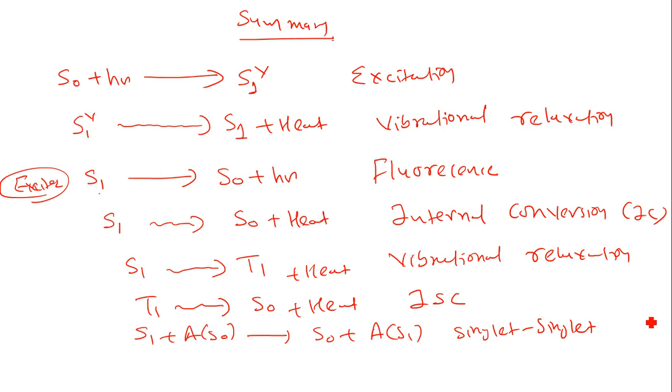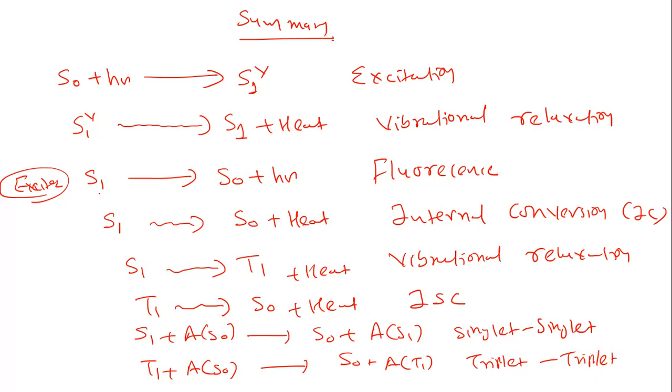You can write it down in the bracket. Now when the triplet state combines with the acceptor molecule S0 state and the acceptor falls to its triplet state, then it is known as triplet transfer.